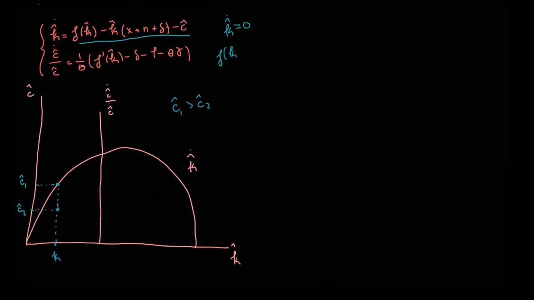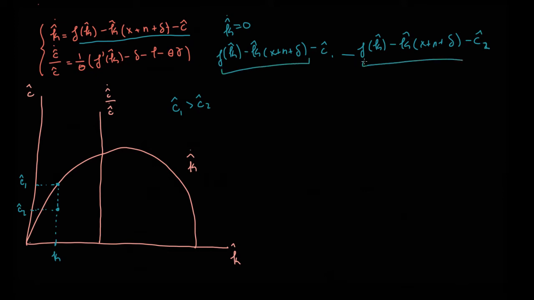We have f of K hat minus K hat x plus n plus delta minus C hat 1, and then something f of K hat minus K hat x plus n plus delta minus C hat 2. So this and this are the same number, and C hat 1 is larger, so subtracting something larger will be smaller, and we'll get this less than inequality. Now, because C hat 1 here is on the equilibrium schedule, we can also say that this whole thing equals 0.